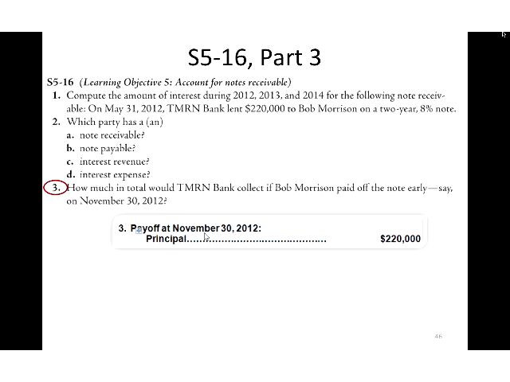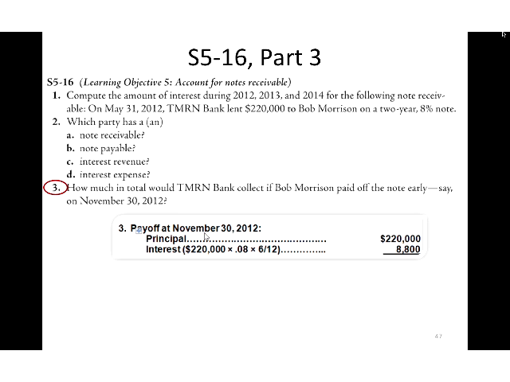So they want to know how much the bank would collect. The bank is going to collect, first of all, principal. When we pay something off, the principal is the $220,000. The bank is also going to collect interest. We have 6 months of interest. So in part 3, we're saying, wait a minute, he didn't want the loan for the whole 2 years. He's able to pay it back after 6 months. So the interest is going to be $220,000 times 8% times 6 months divided by 12, because this was only outstanding for 6 months.